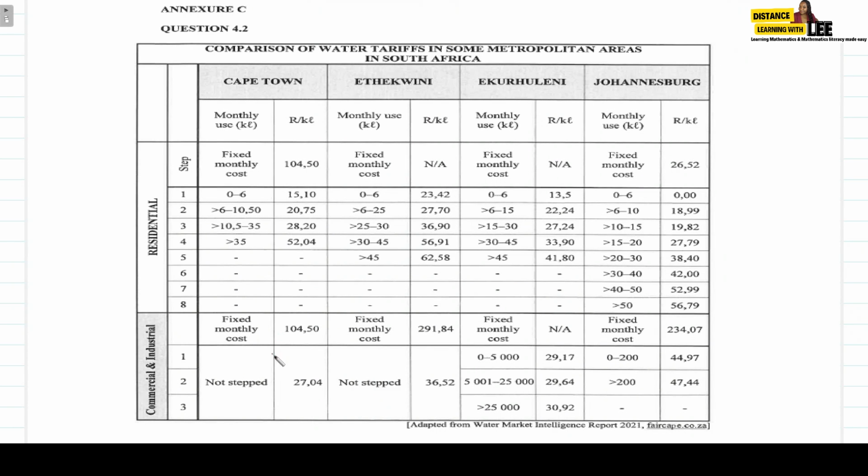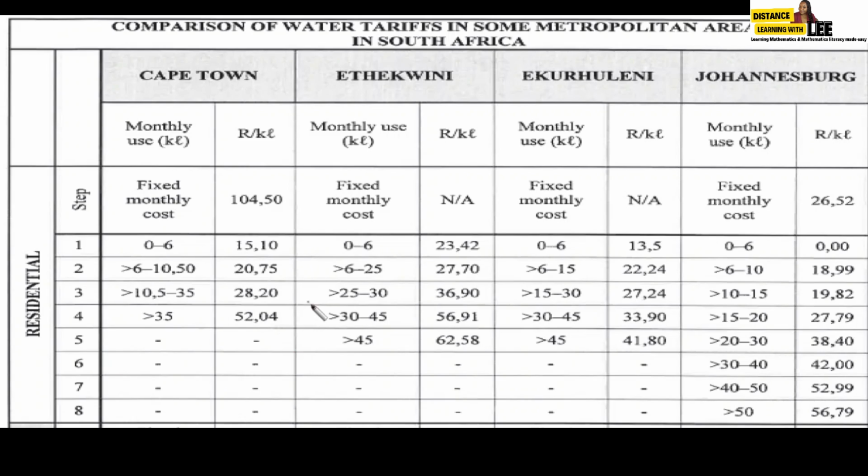Let's have a quick look at what we are given here. If you have a look at this Cape Town region, you will notice as we go down the column, if you've used between 0 kiloliters to 6 kiloliters of water, you pay 15 Rand and 10 cents per kiloliter that you use.